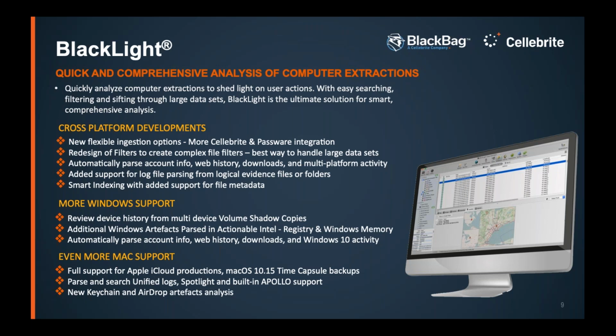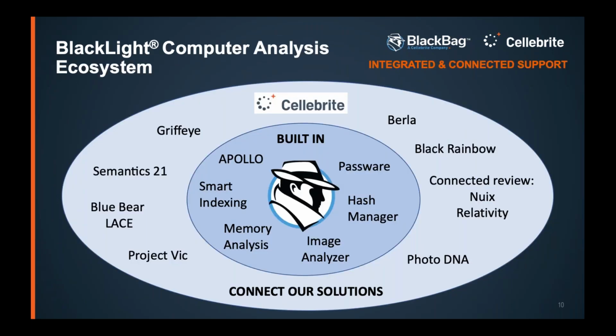Okay, so what this all sort of looks like, there has been a lot of development in the last 2 years. And it has helped develop what we call a forensic ecosystem. In my chart on the screen now, you should see that we have some built-in functionality in the dark blue inner circle. This is functionality that's built directly into Blacklight.